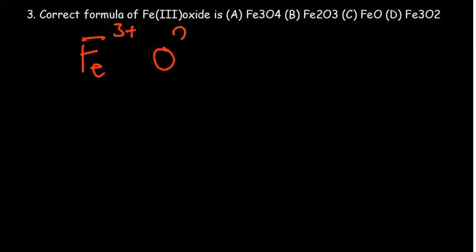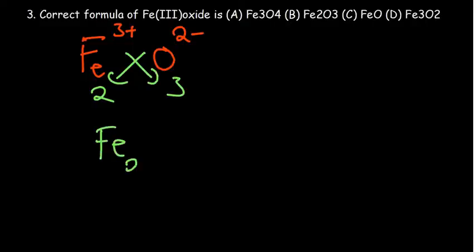Oxygen has got an oxidation number of 2 minus. So for us to find the formula, these will just exchange. So the 2 will go there, the 3 will go there. So we have Fe2O3, which matches up to which one? Which matches up to B. So B is the answer.